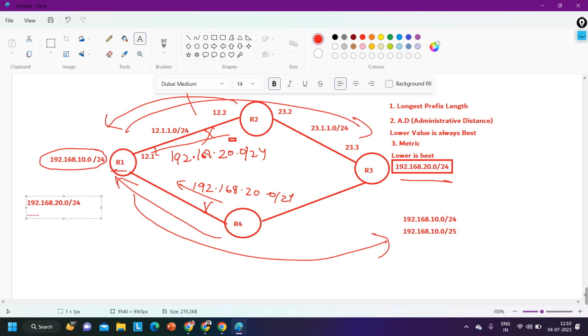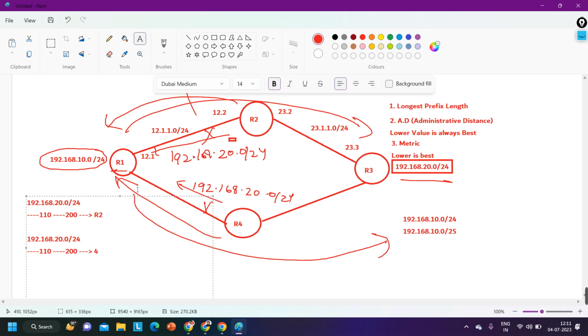Let's say AD value is 110 and metric is 200 from router number 2, and it is receiving the same network information from router number 4 also, with AD value 110 and the same metric.